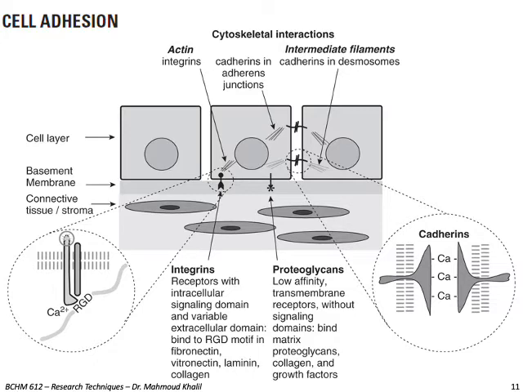These cadherins are attached internally inside the cells by intermediate filaments in the desmosomes. And cadherins can also exist in the adherens junction. And of course, actin plays a large role in the cytoskeleton that aids in the process of interaction between cells and the matrix.